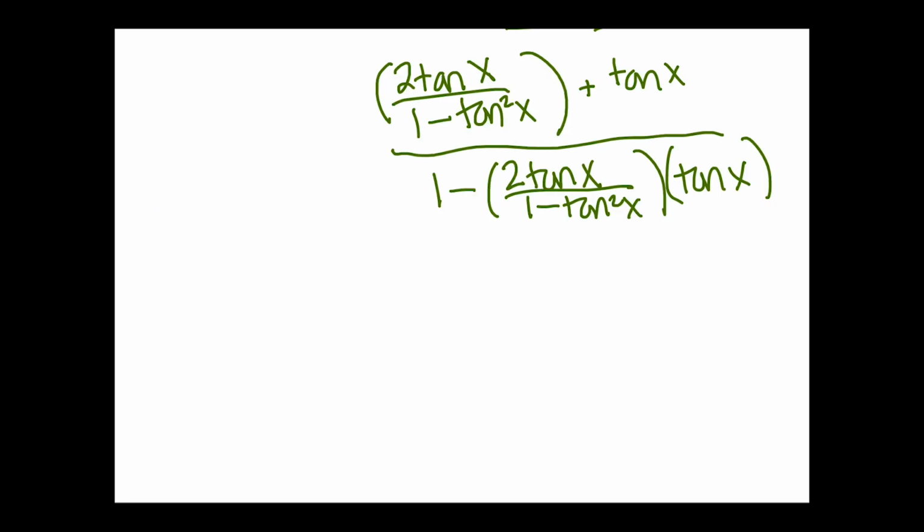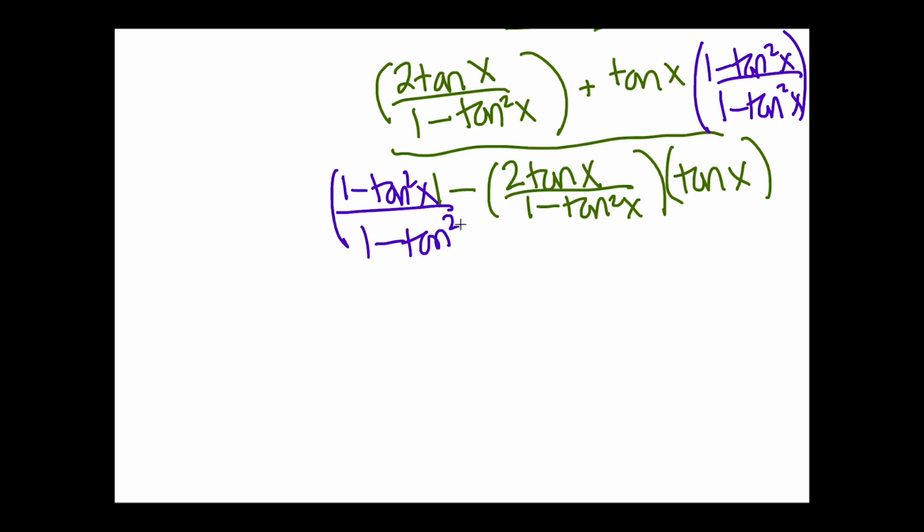So if I can get a common denominator, then I can ignore it. Let's multiply this tan x by 1 minus tan squared x over itself, and we'll do the same thing over here with this 1. Since everything now has the same common denominator of 1 minus tan squared x, I will ignore it and just multiply across the top.